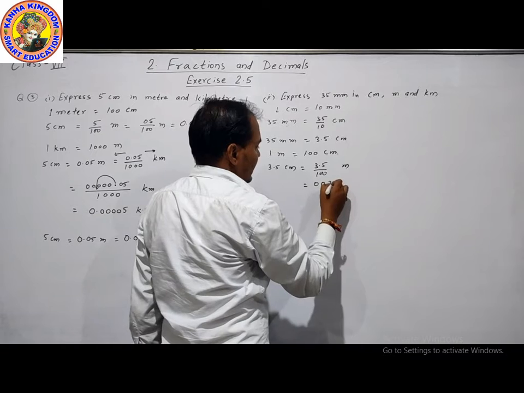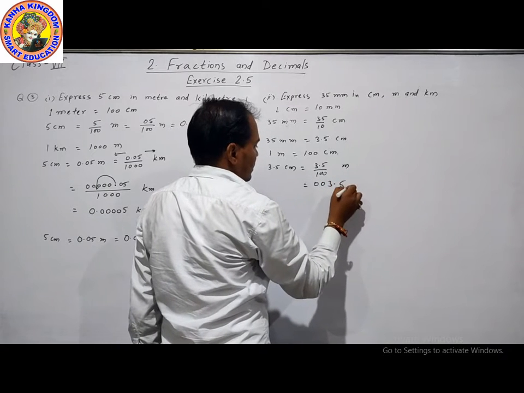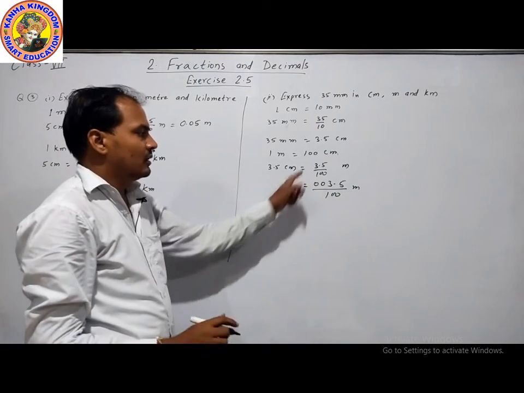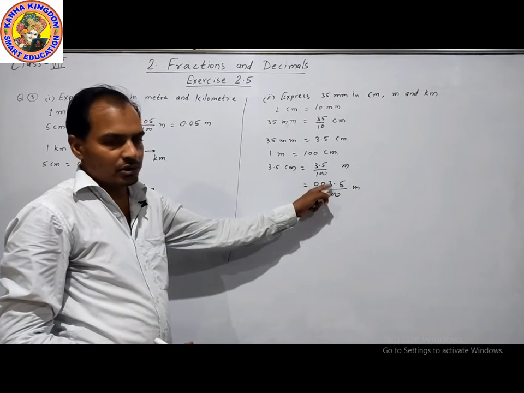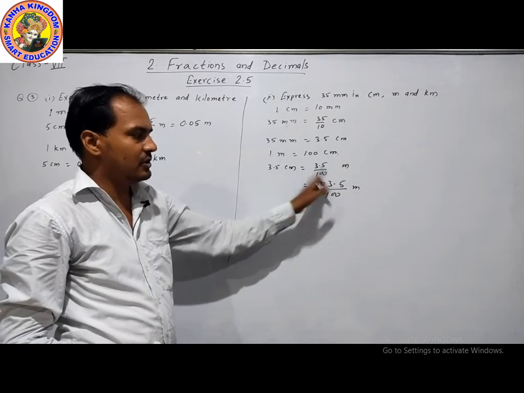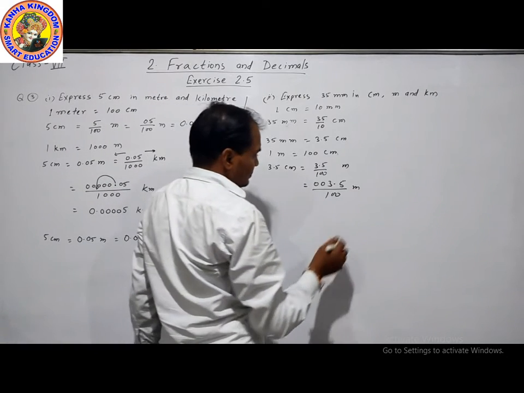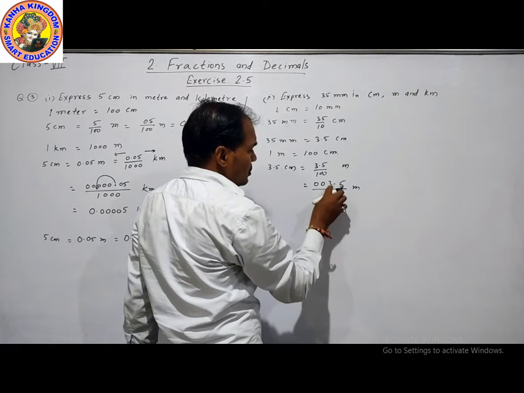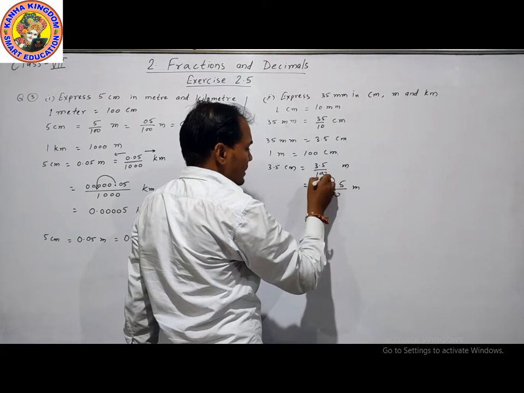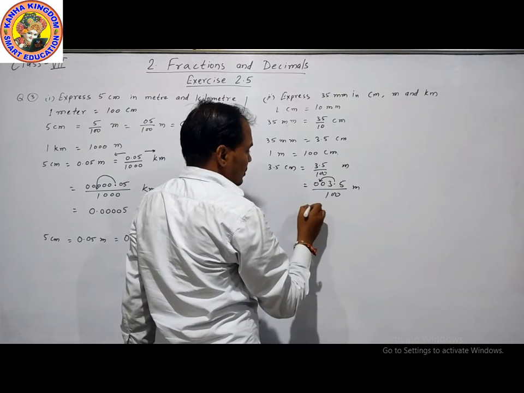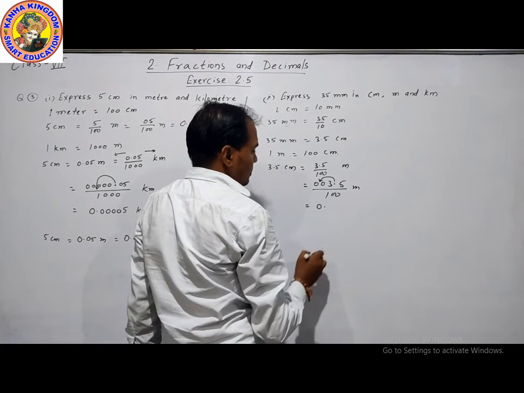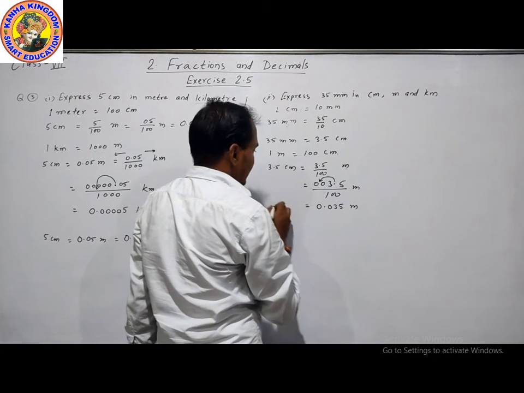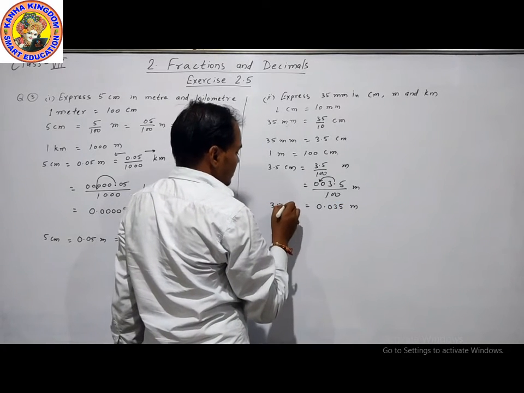Now we can add zeros. 3 can be written as 03, so we will write 003. Now here in the denominator there are 2 zeros, so the decimal point will shift by 2 places. So the number is 0.035 meter.